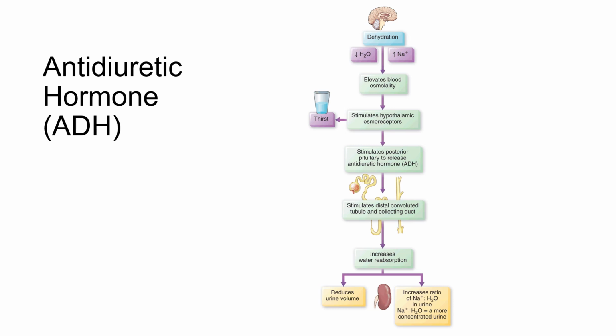It also is going to stimulate the posterior pituitary gland to release antidiuretic hormone, or ADH. This hormone works by stimulating the distal convoluted tubule and collecting duct, which will in turn increase water absorption. So we're going to hang on to water when we have elevated levels of antidiuretic hormone. This is going to fill our vessels. We're going to keep water in and solve the problem.